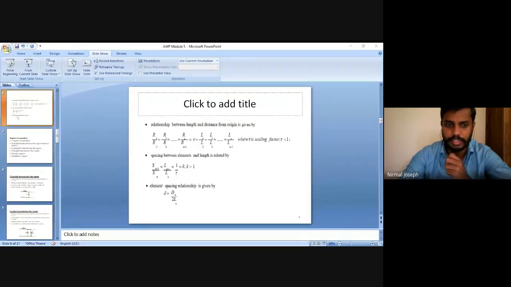Which will be higher? Yes, n plus 1th element. That is higher.